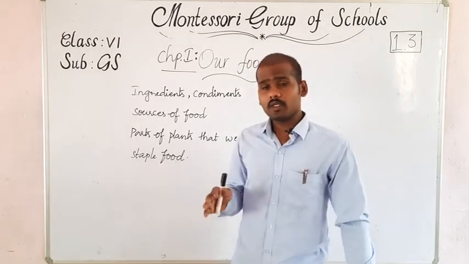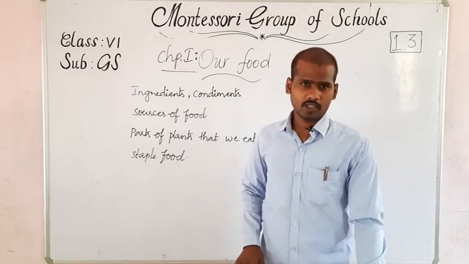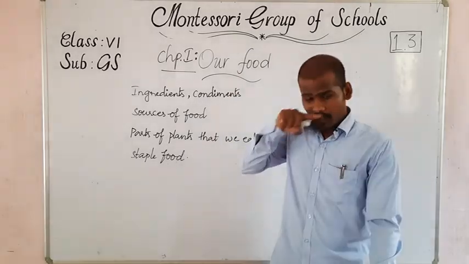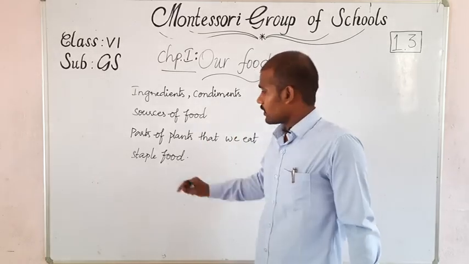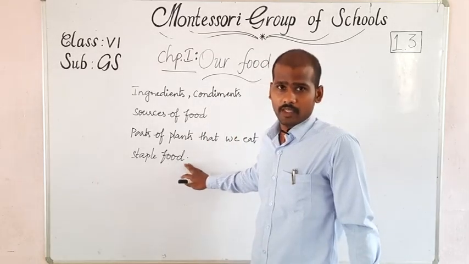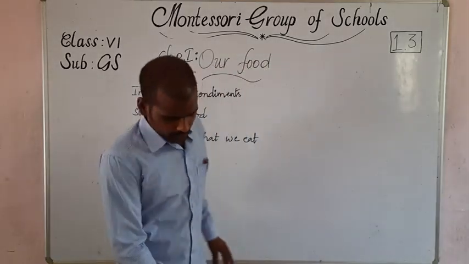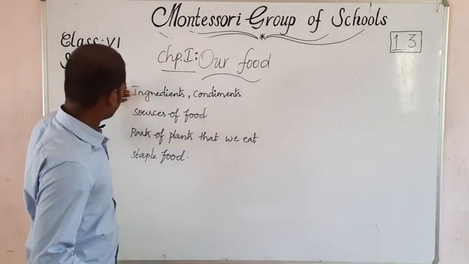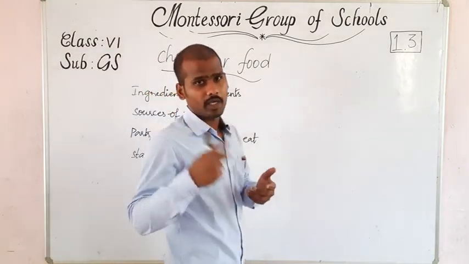When it comes to northern states they will prefer wheat based foods. So like that, based on the place we have our food preference. That is called staple food. And so these are the four topics that are covered in our previous two episodes.